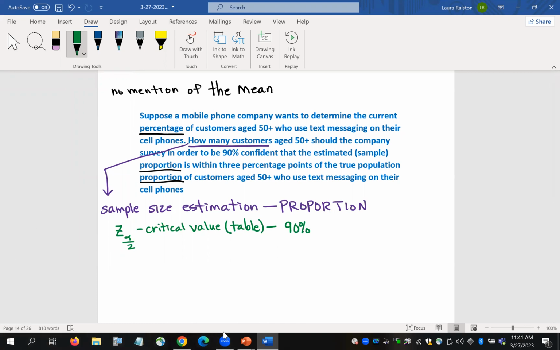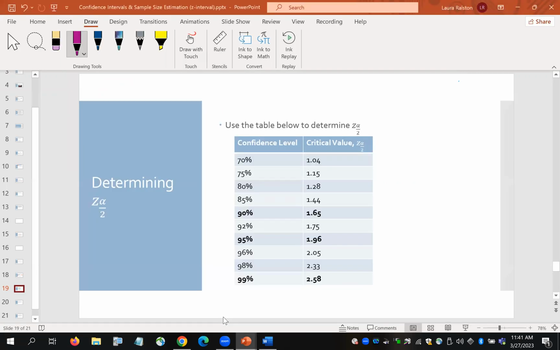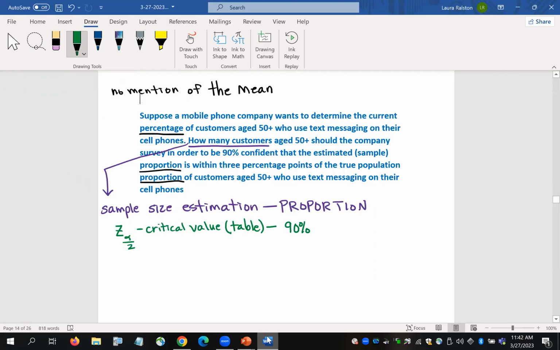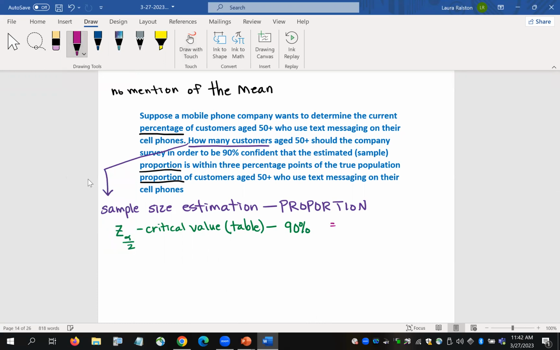I'm going to go back to the PowerPoint because it's easier to get to and look at my table. Okay, 90%. My critical value is 1.65.